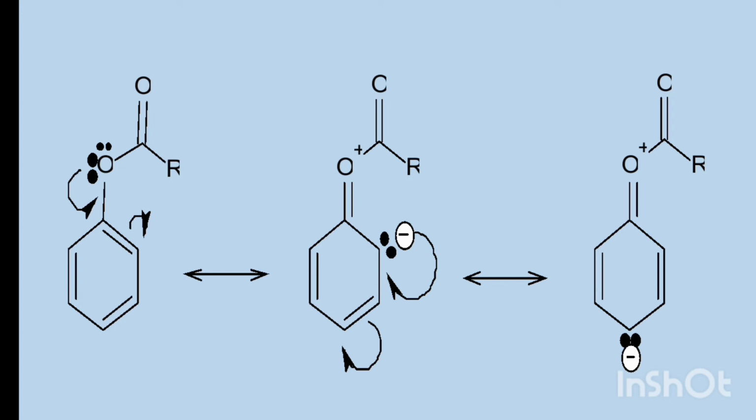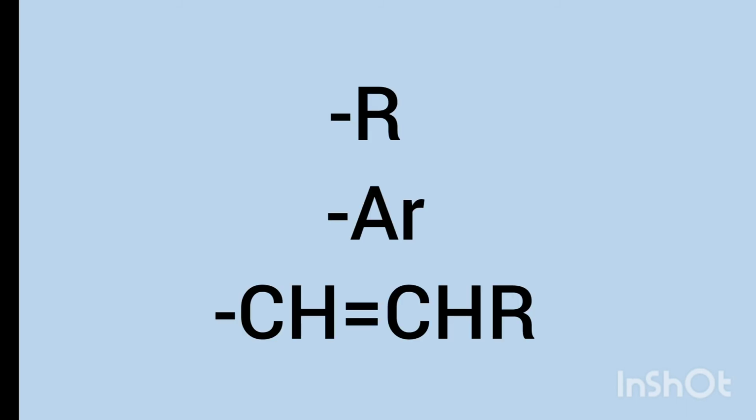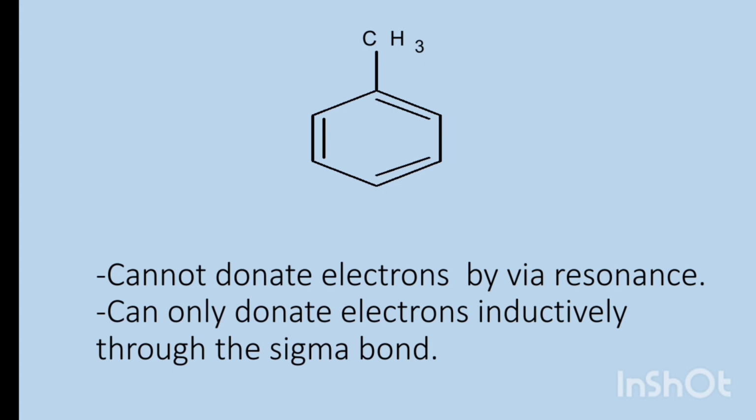Let's talk about the third category. Examples of weakly activating groups include the alkyl group, the phenyl group, and the vinyl group. These groups cannot donate electrons by means of resonance. They can only donate electrons inductively through the sigma bond.